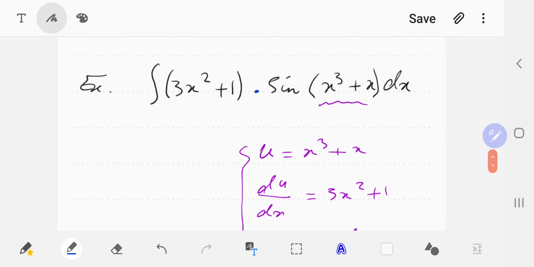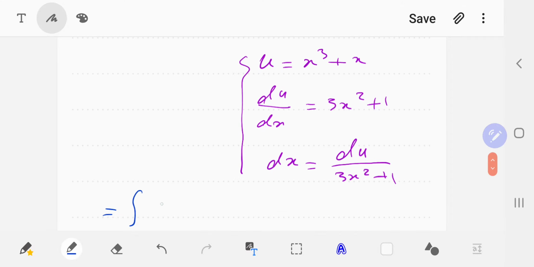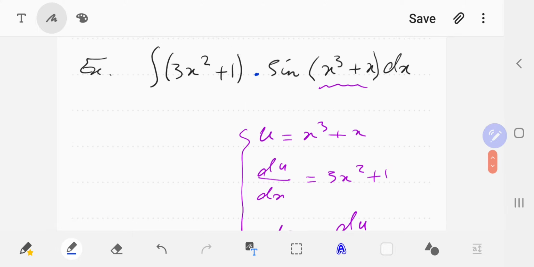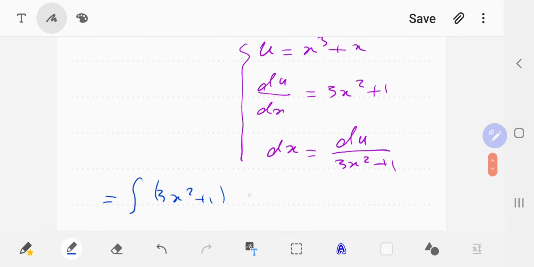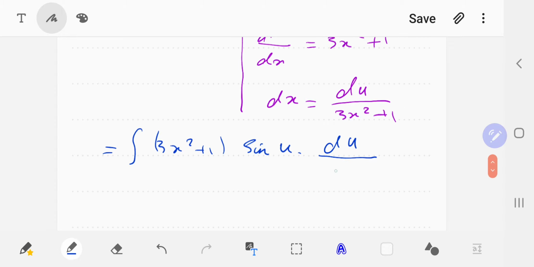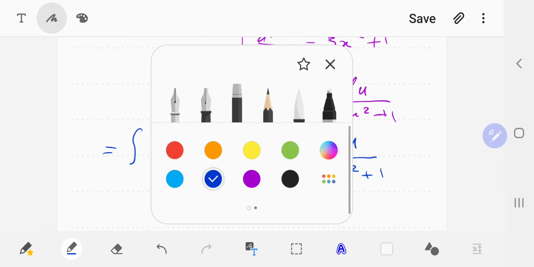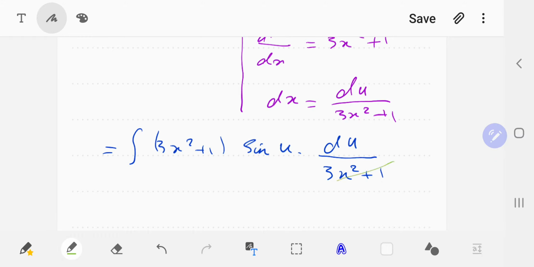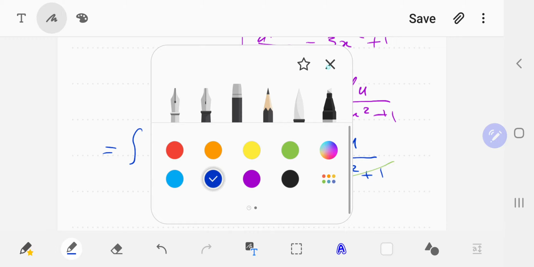Now you can choose u, dx to make your integration look easy. Integration of 3x squared plus 1 times sine u times, instead of dx you have du over 3x squared plus 1. Now again we can simplify to make our life easy.